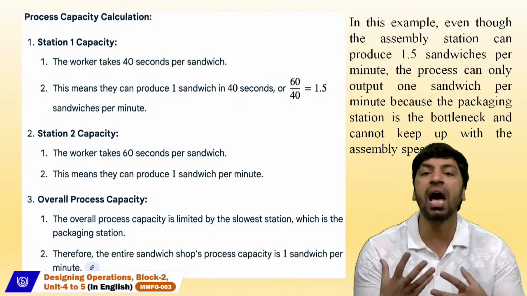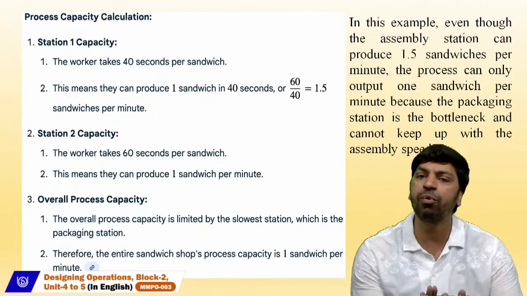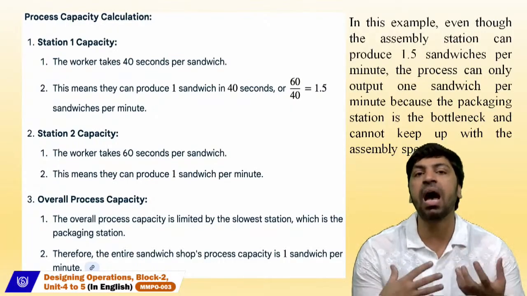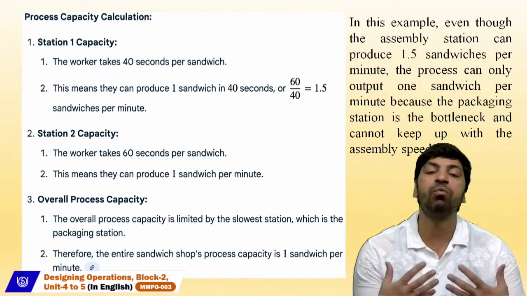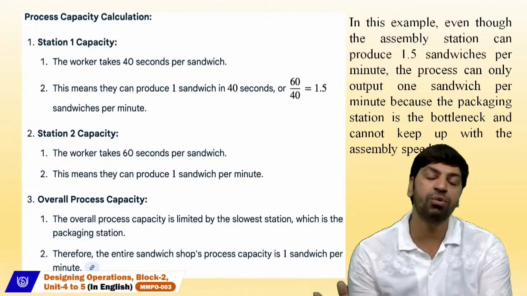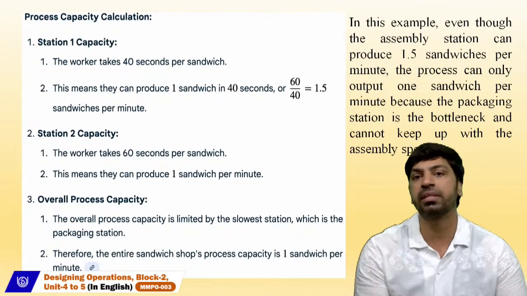So this is how you can consider this example and easily work out the overall process capacity. Out of the two stations, the lowest one, the one limited by resources, is the overall process capacity.